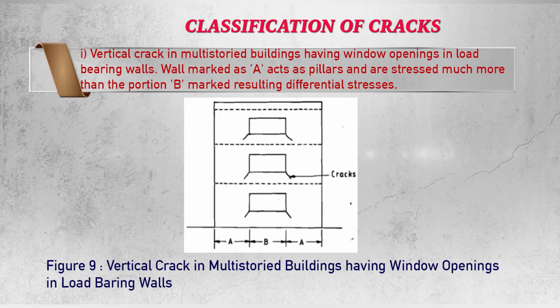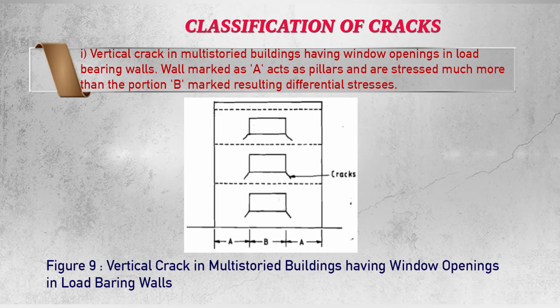Then in figure 9, you see vertical crack in multi-story buildings having window openings in load bearing walls. Walls marked as A act as pillars and are stressed much more than the portion B marked, resulting in differential stresses.